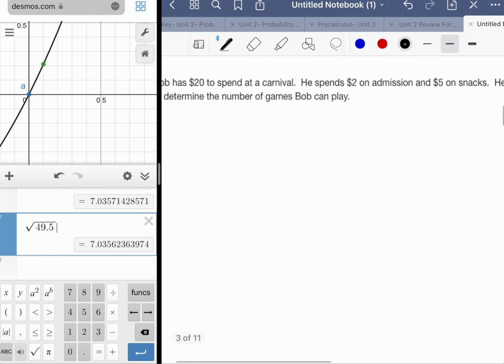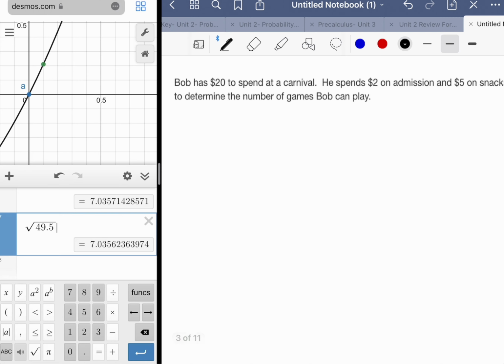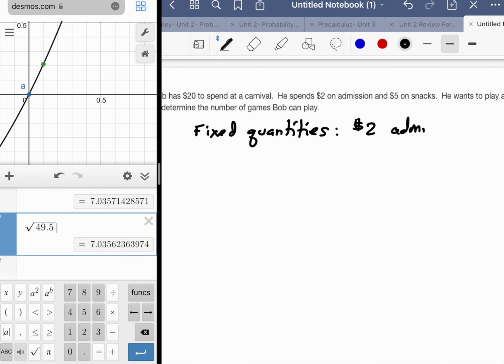So we have two components here that seem to be like fixed quantities. $2, this is admissions. $5, that was snacks.